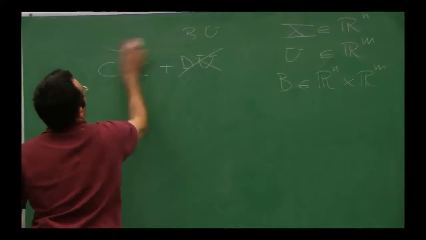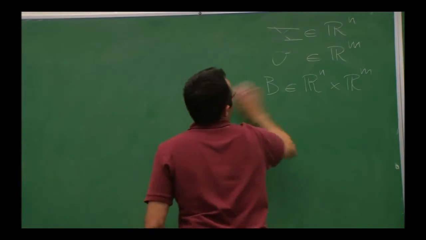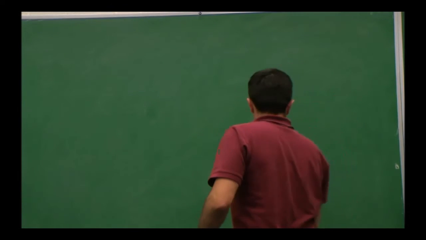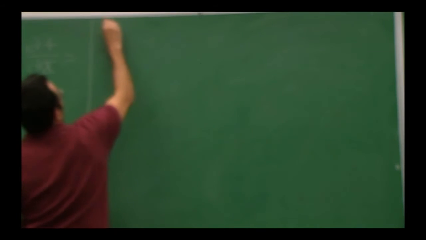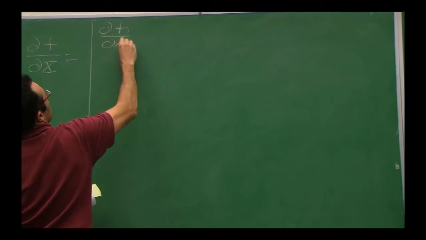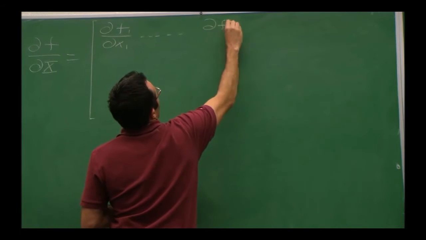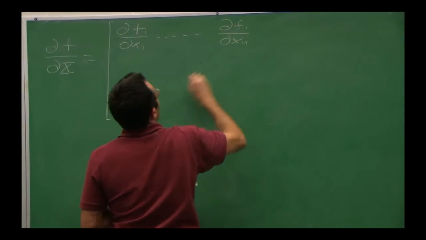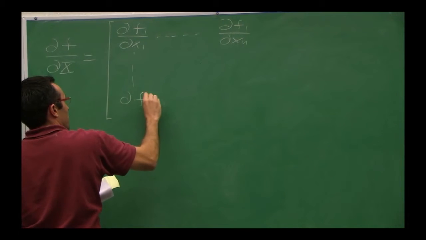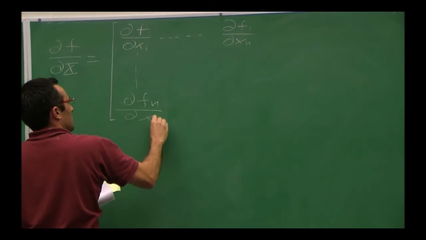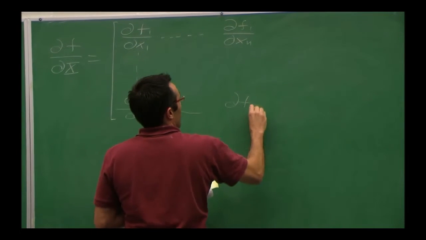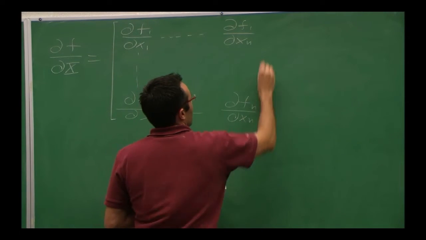This Jacobian is really not something to be scared of. It's just a bunch of partial derivatives. If my f is a bunch of functions, f1 through fn, the partial of f with respect to the vector x is a matrix made of df1/dx1, all the way to df1/dxn, and then down here you go to dfn/dx1, all the way to dfn/dxn.